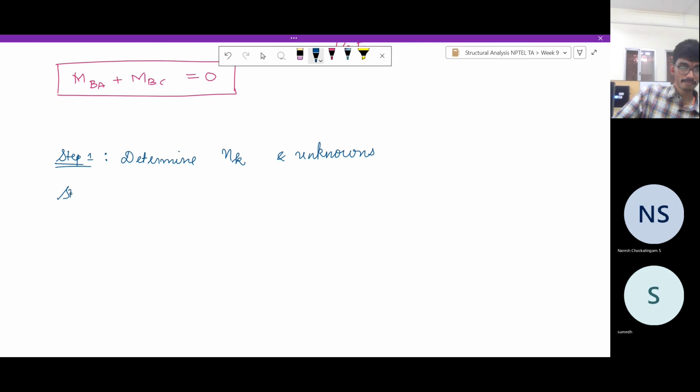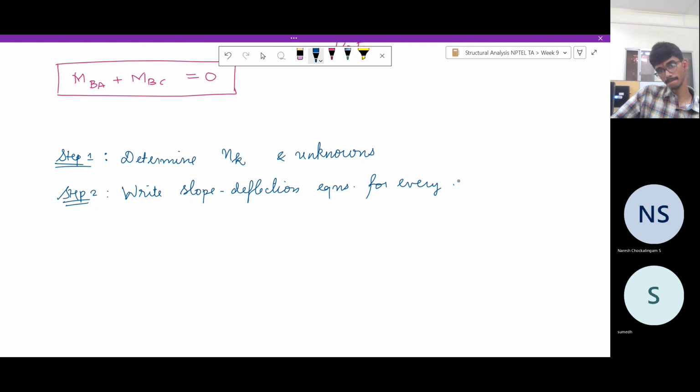The second step is to write the slope deflection equations for every span. Step 3 is to get the fixed end moments.